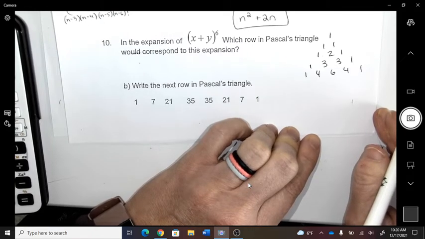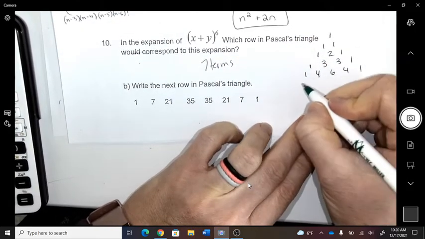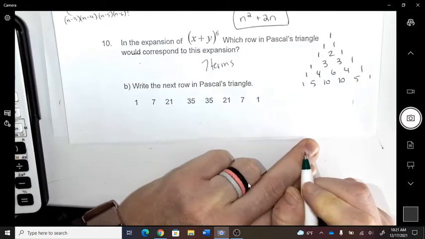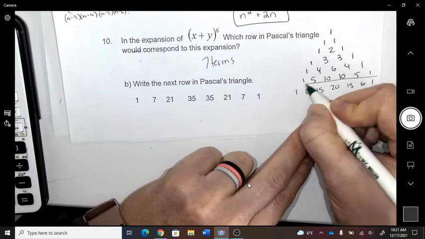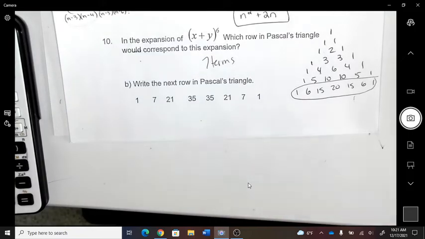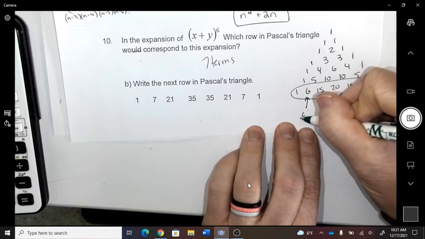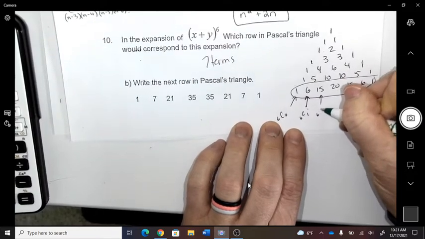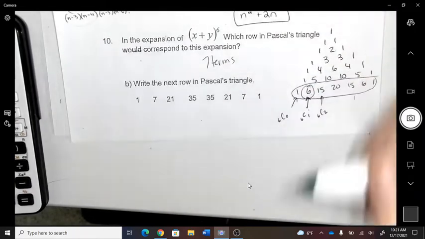How many terms would I have? I need 7 terms. So 1, 2, 3, 4, 5. So this one would have 6. So that one would match. It has the 7 terms. By the way, this is like 6 choose 1, right? 6 choose 0. 6 choose 2. So this always matches the exponent really, right?